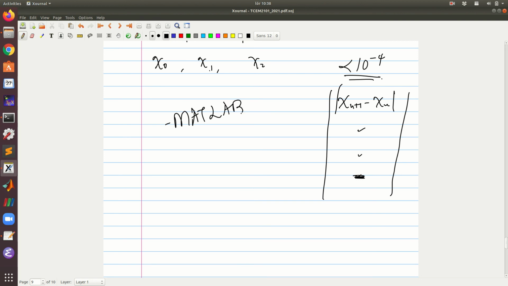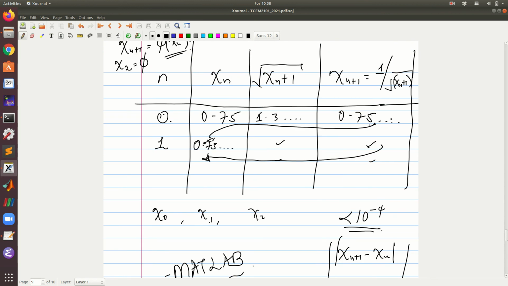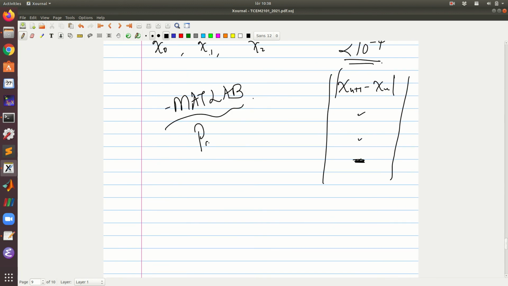So for this problem here, I just wrote a very simple algorithm. However, I used Python. The language is different, meaning the syntax, the way you write some of these commands is of course different, but the logic is the same.